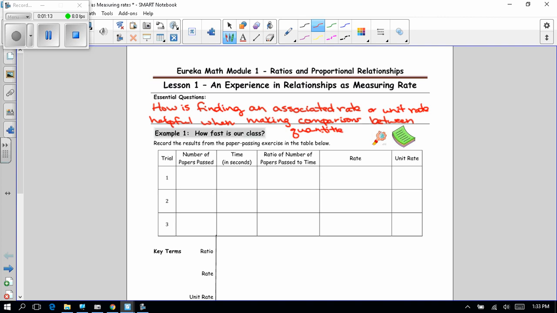And ran out of room, didn't I? How is finding an associated rate or unit rate helpful when making comparisons between quantities?